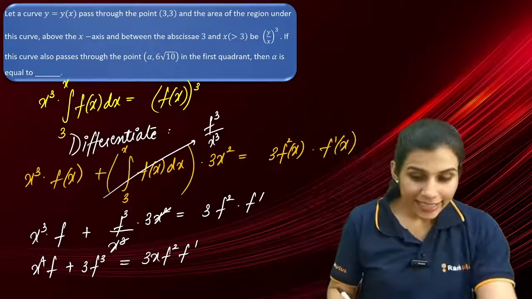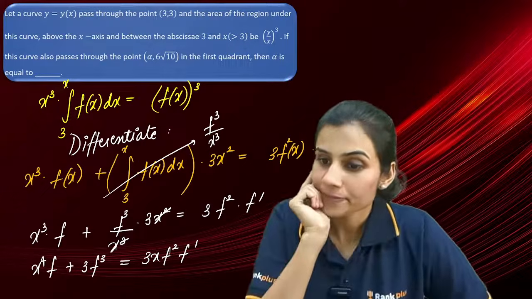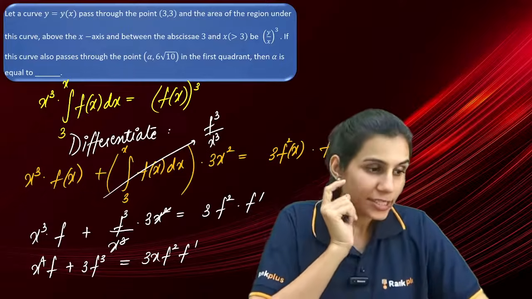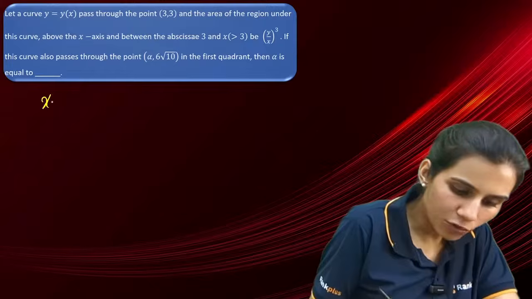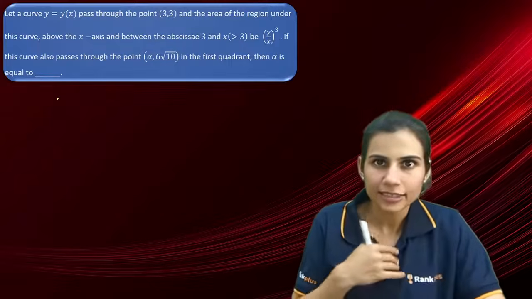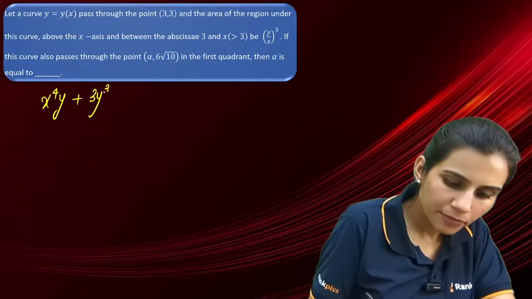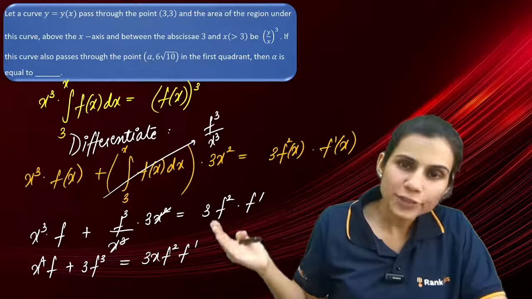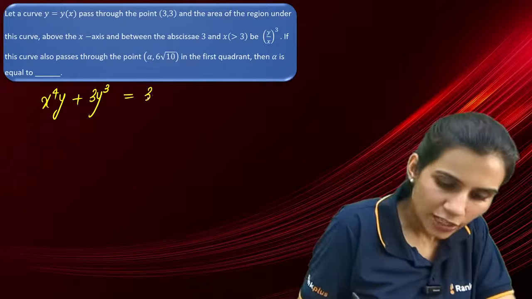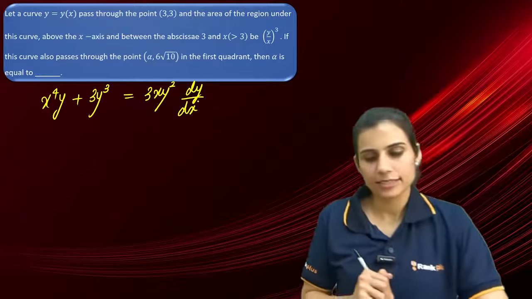It might look a little dense or complicated to you, but actually it's not, because now you will convert f in terms of y. You will write x to the power 4 plus y cube, equal to 3x y square y dash, which is 3x y square dy by dx.